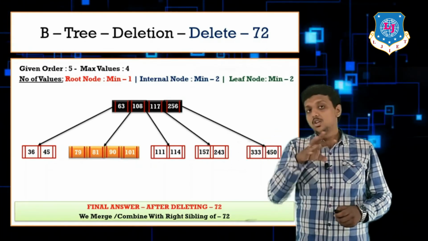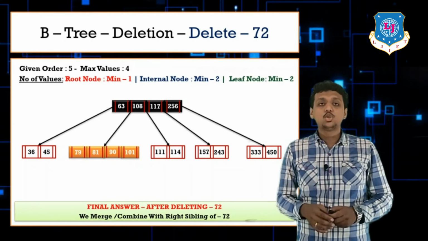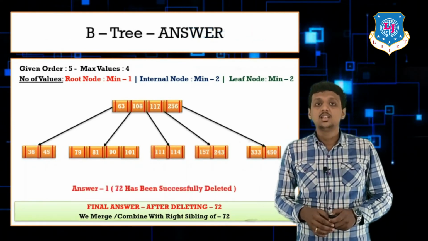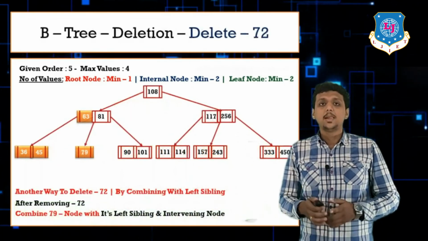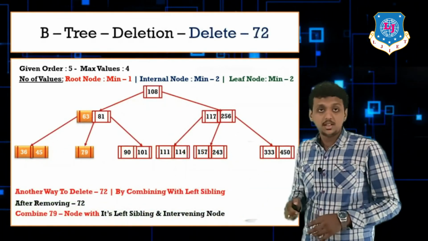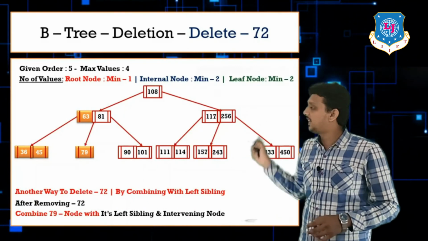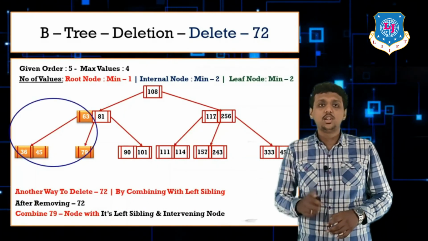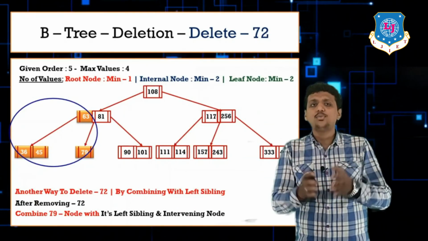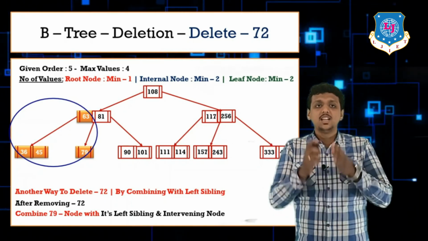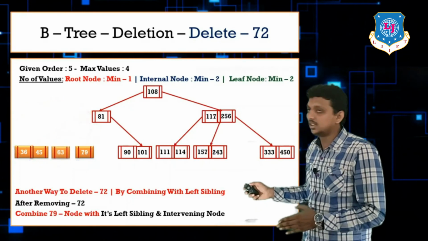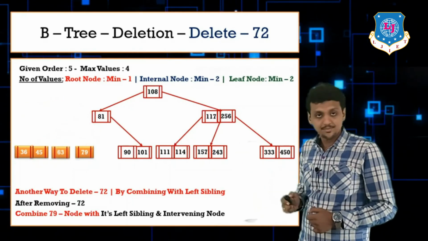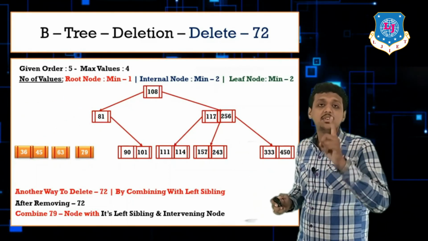Now some of you may choose the left sibling. Then what to do? Let's see. I'm just starting again with the left sibling. Then what I need to do is combine all four values together. That means 36, 45, 63 and 79 are combined together, and it goes like this. Now 81 becomes alone.